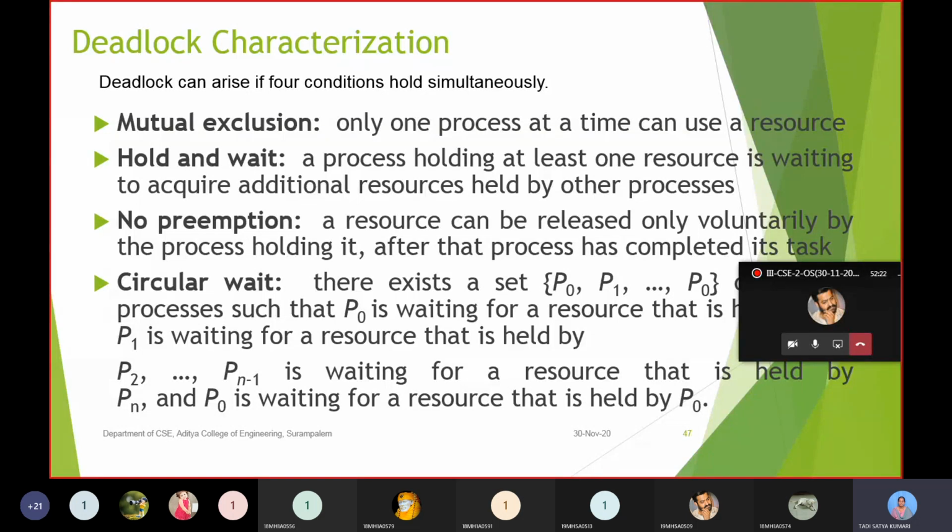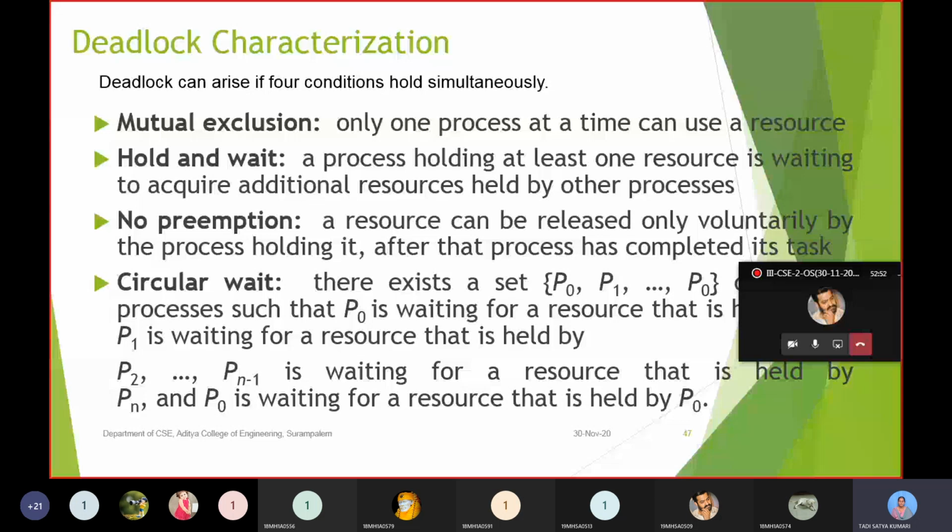And coming to the third one, no preemption. No preemption means generally when a resource is taken by a process, it will release that resource only after completing its execution. That is the original scenario followed by processes during execution. So a resource can be released only voluntarily by the process holding it, after that process has completed its execution.